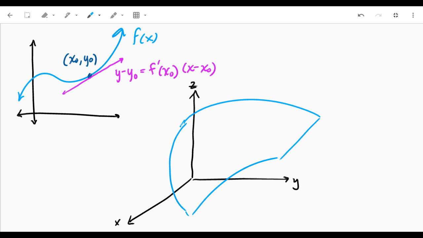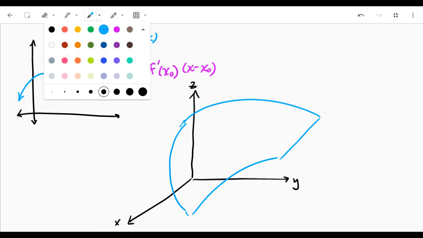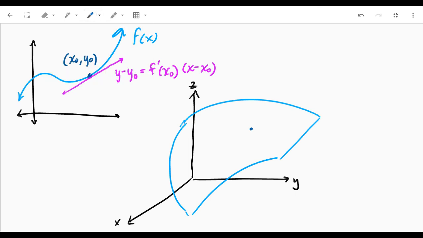We would have some point on the surface, and I'm going to use the same notation on each: x naught, y naught, z naught. And we're going to call that surface f of x y, which is z. In this case, up here, f of x was y.